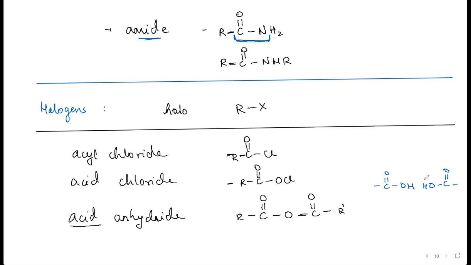Take away one water molecule, H2O, and you get R–C double bond O, O single bond, C double bond O–R.